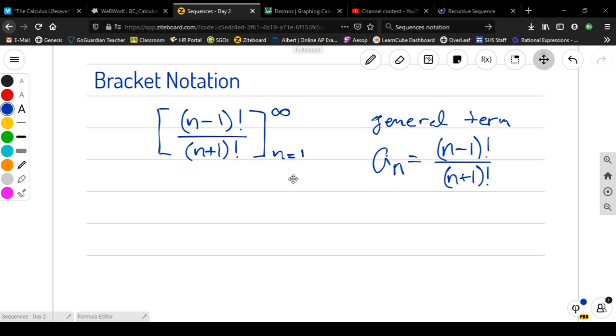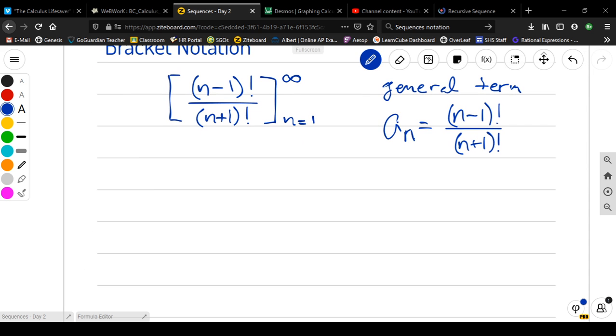This general term, by the way, because it's a factorial divided by a factorial, a whole bunch of things are going to cancel out, right? The numerator is really n minus 1 times n minus 2 times n minus 3 all the way down to 3 times 2 times 1, right?